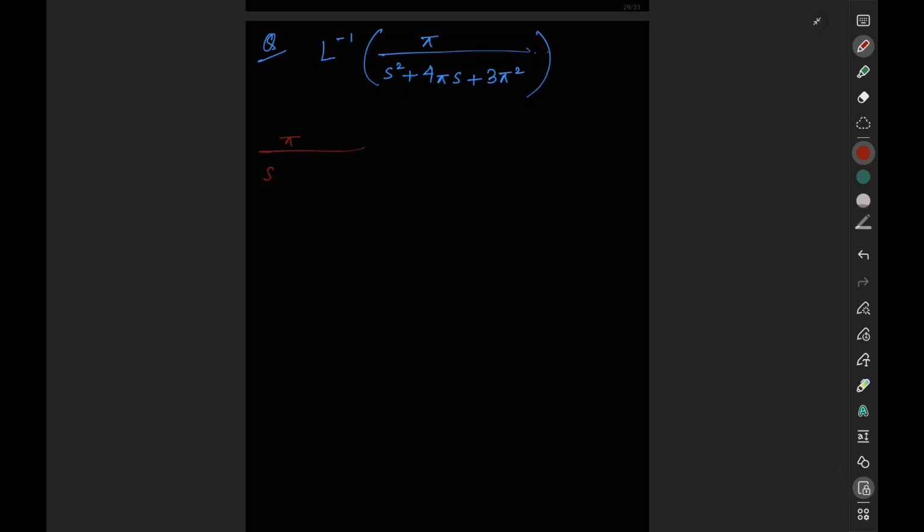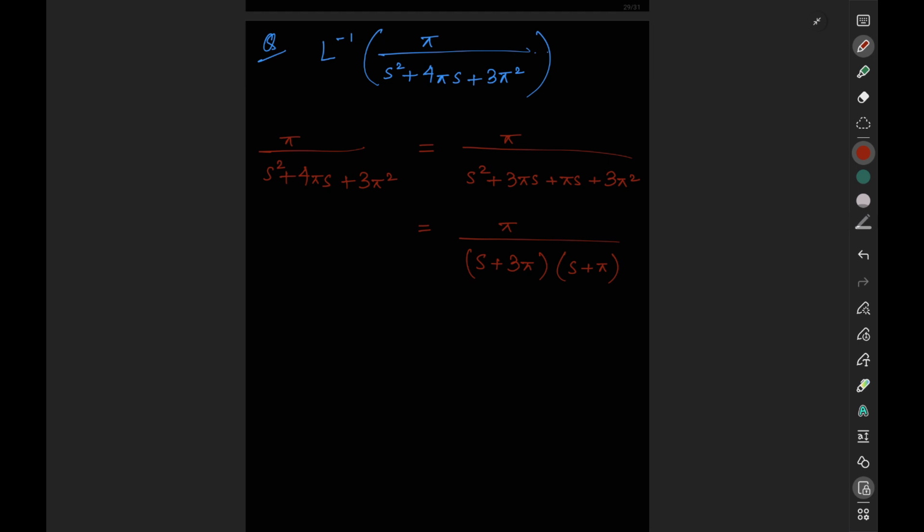Pi upon (s square plus 4 pi s plus 3 pi square) can be written as pi upon (s square plus 3 pi s plus pi s plus 3 pi square). We can take common, so it will become pi upon (s plus 3 pi) into (s plus pi).